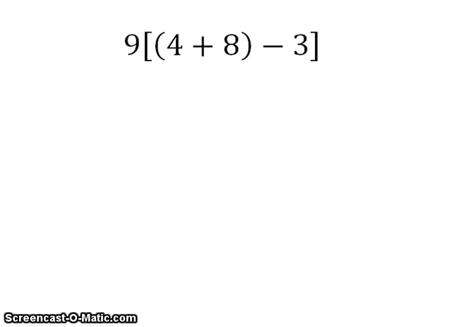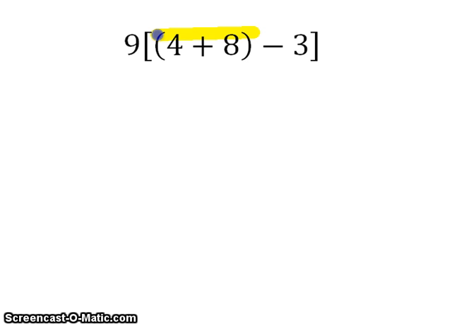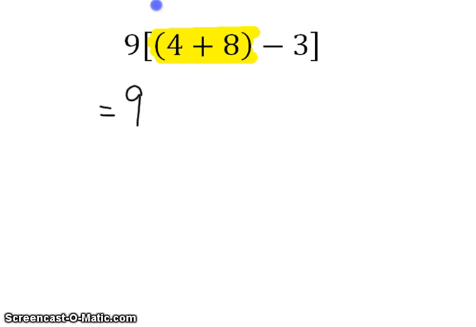All right. When you have multiple groupings, you will work on the innermost groupings first. So this 4 plus 8 needs to be simplified first. So I'm going to bring down 9, bring down a square bracket. 4 plus 8 is 12. Bring down the minus 3. Okay, now that got rid of the innermost parentheses, that grouping, but I still have the bracket.